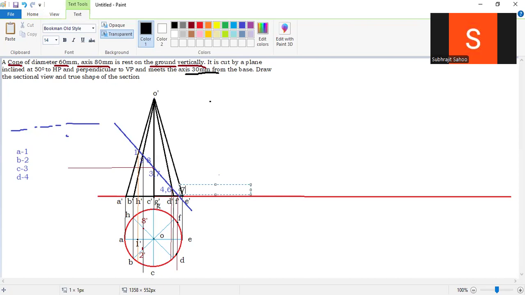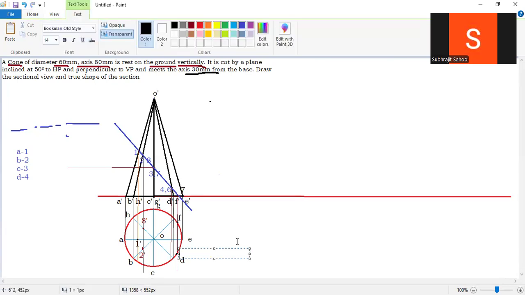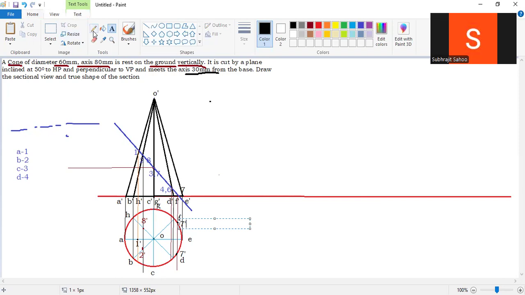This point is 7. So if this point is 7, then this point becomes 7 dash, 7 dash, and this point becomes also 7 dash, right? So what are the other intersection points here?